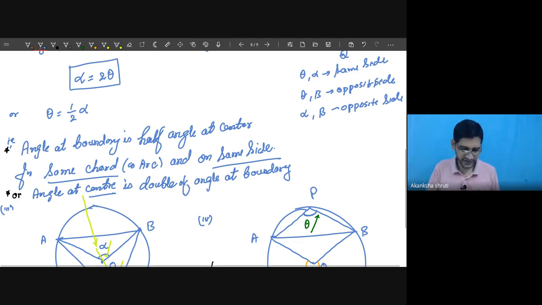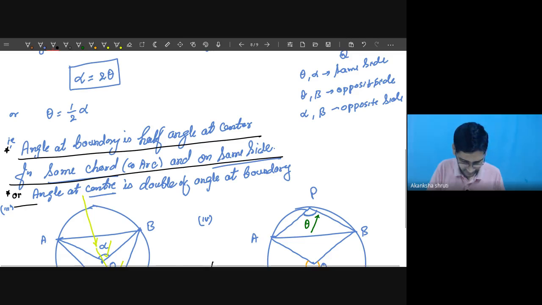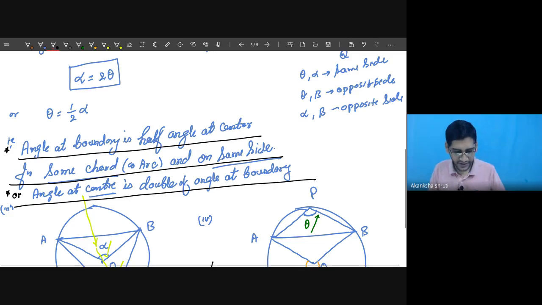Now this is the important theorem that we need to apply in many questions for getting the angle. There is another theorem. So student, you can mark this as a theorem itself.